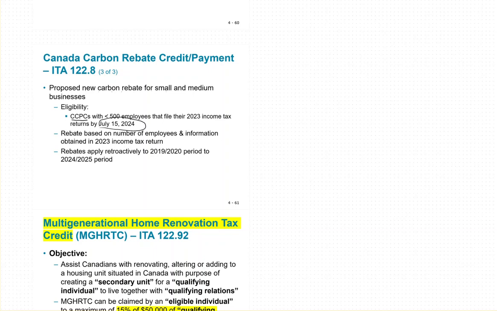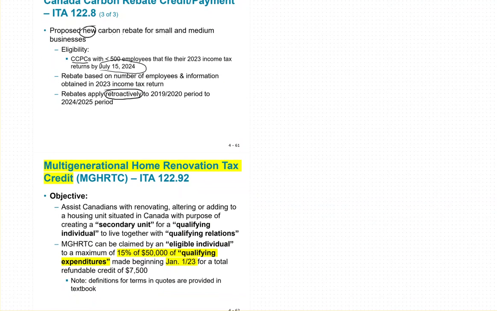So now that we all filed our taxes, you will be getting those payments. This rebate is given to you retrospectively from 2019-20 to the 2024-25 period.